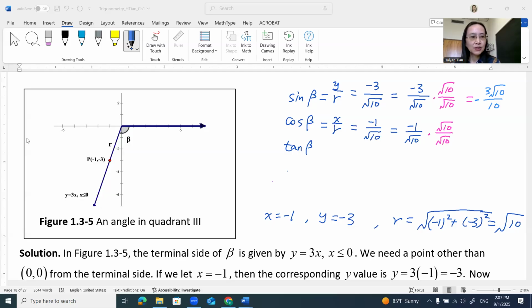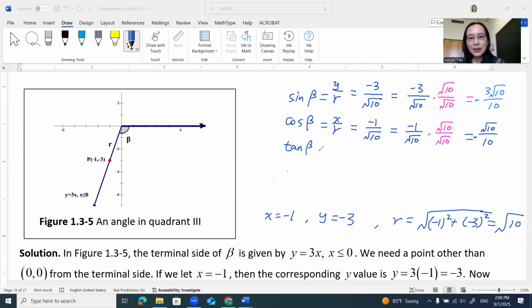You didn't change the value, you only want to rationalize the denominator. The denominator will become 10, since square root of 10 times square root of 10 is 10. The numerator will be negative square root of 10, but the negative sign can be put in front. Okay, we got cosine.